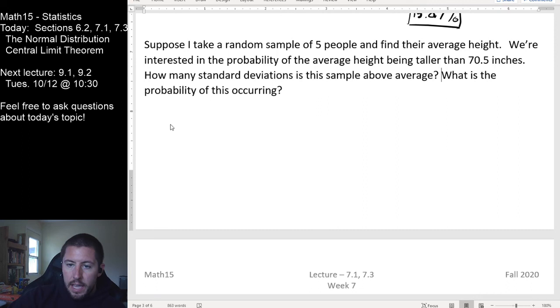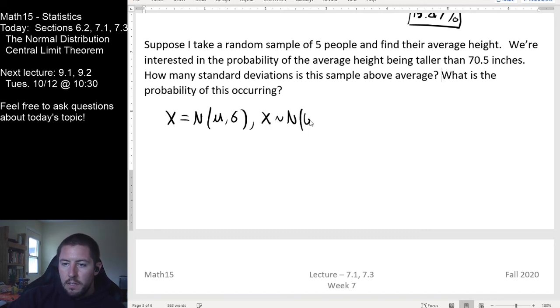In this case, again, we're starting with x being normally distributed with mu and sigma. That's x is normally distributed 68, 2.5. But now our sampling distribution of the sample mean is going to be distributed as mu, sigma over root n.